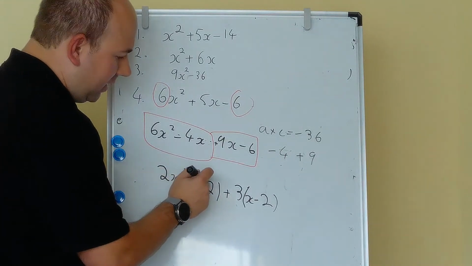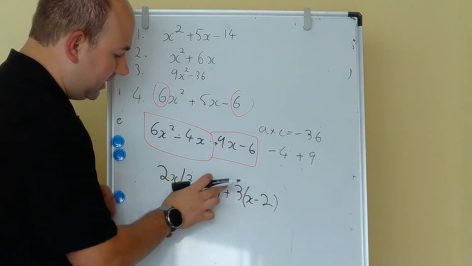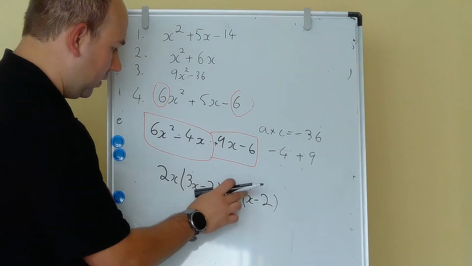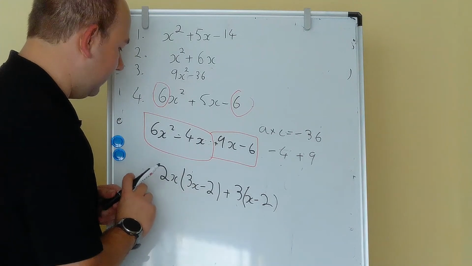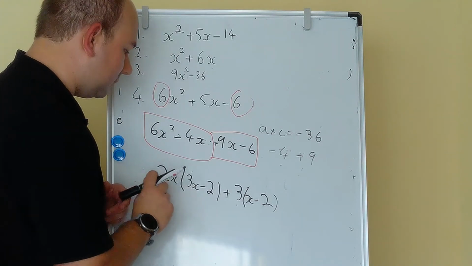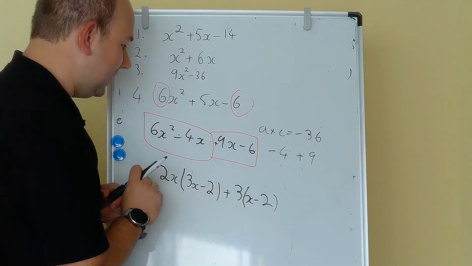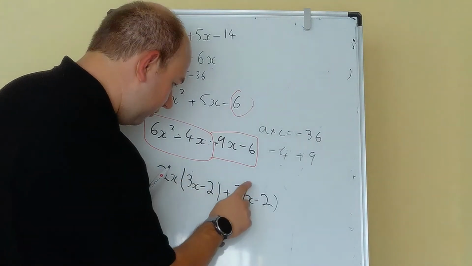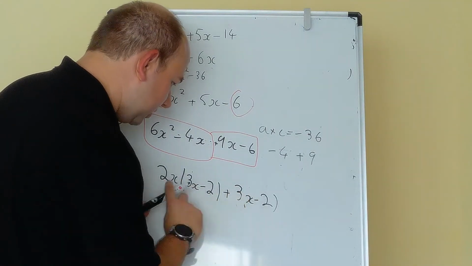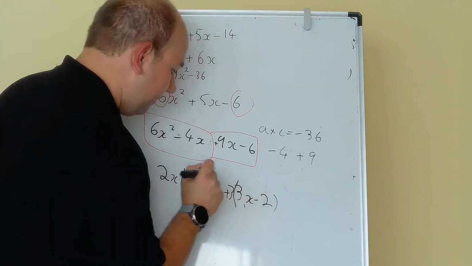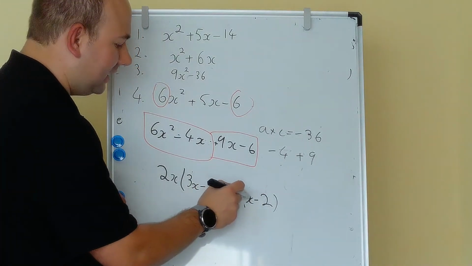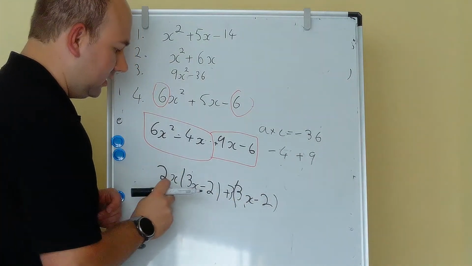So if you can see now, we have two brackets which are the same, or could be the same. They both have an x in it. Oh, sorry, there should be a 3x here, so that should be another 3 there. There we go. So we should have 3x minus 2 in both brackets.